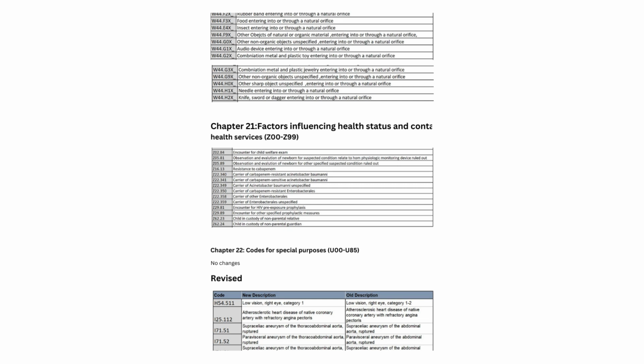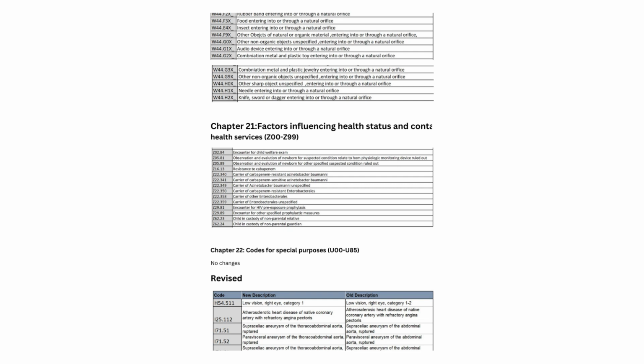Chapter 21. In Chapter 21, there are a number of newly added codes. These codes include child welfare exam, observation, evaluation of newborns who have been cleared for suspected conditions, and code Z16.13, which indicates resistance to carbapenem. Additionally, a new status code added, which is carrier of carbapenem, can be found in the series of new Z22 codes.